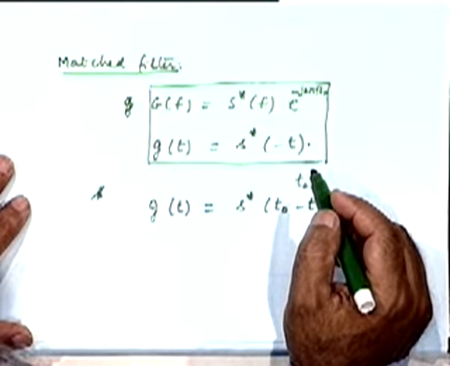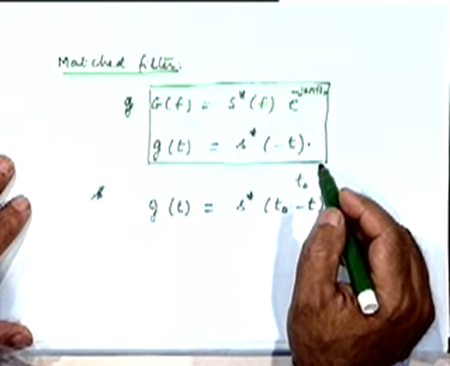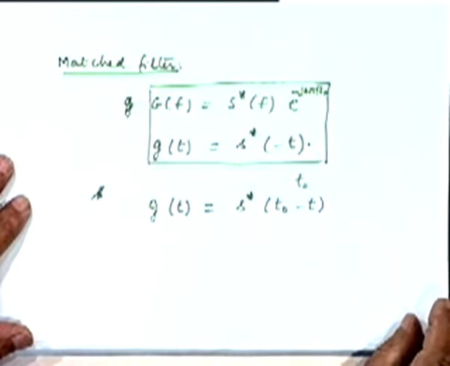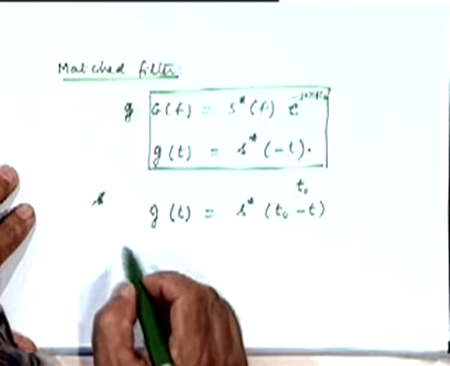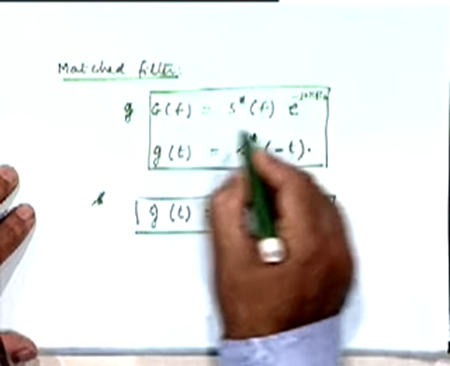So minus t plus t0, which you can write as t0 minus t. Okay. And so that's the most general expression for the matched filter in the time domain, and that's in the frequency domain.